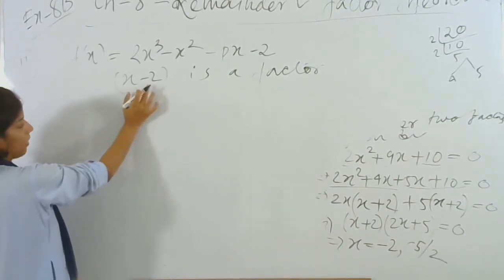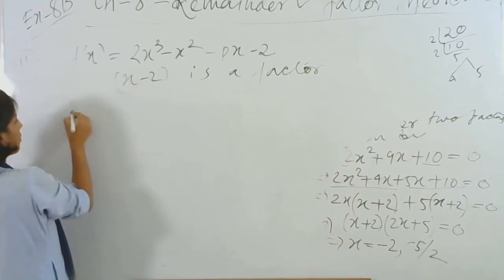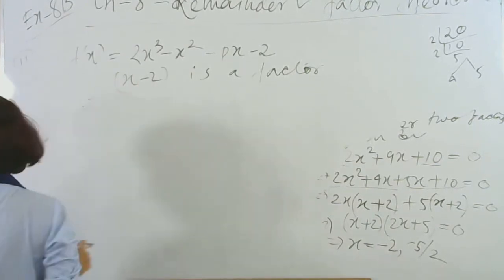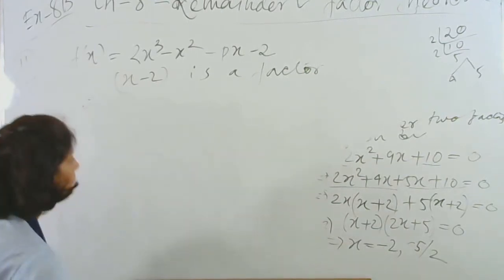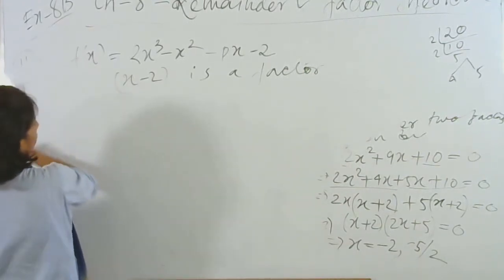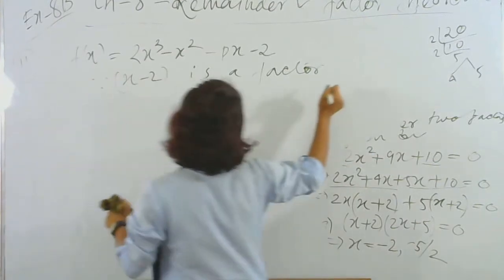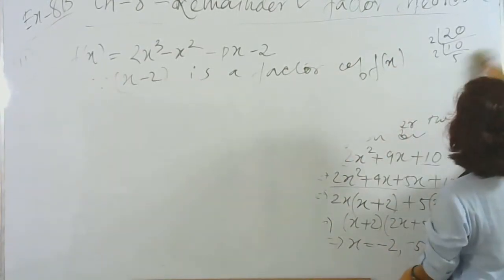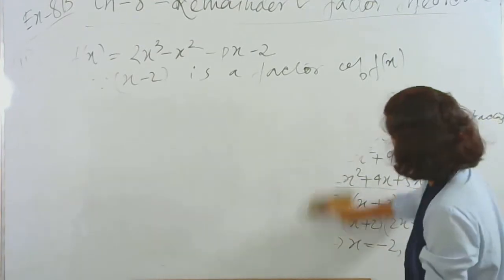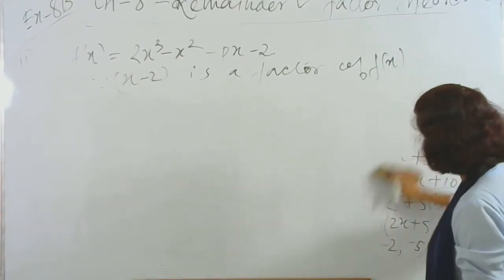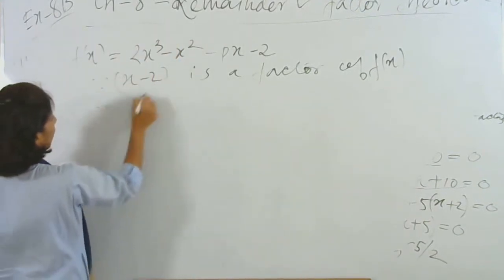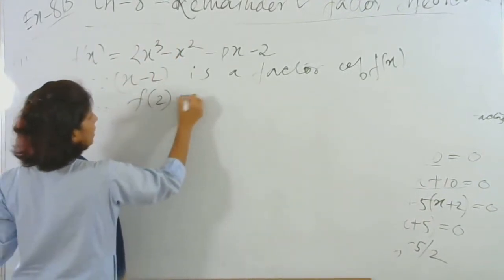So what is the value of x from here? 2, right? Since it is a factor, we must have f of 2 equals 0.